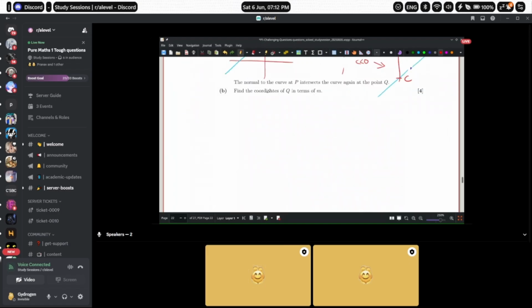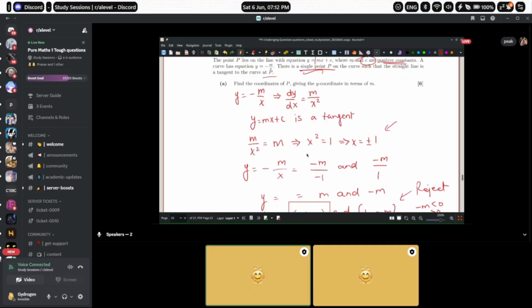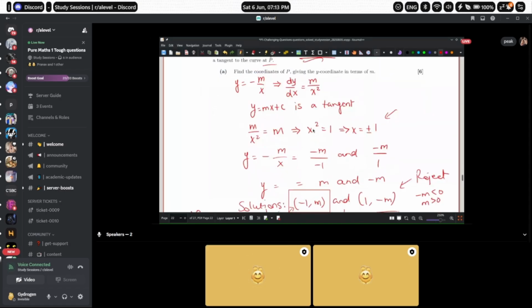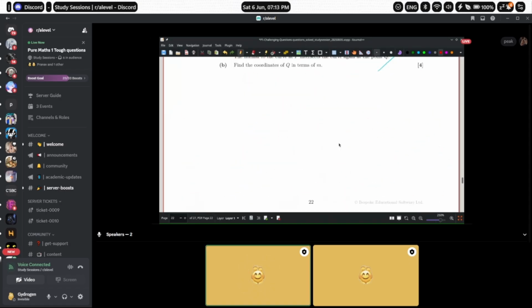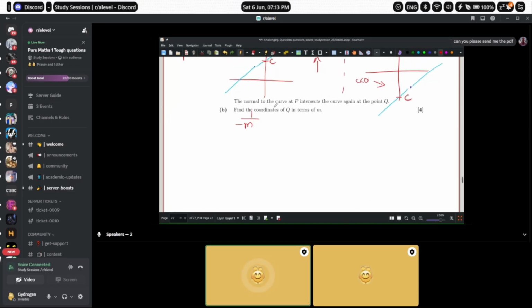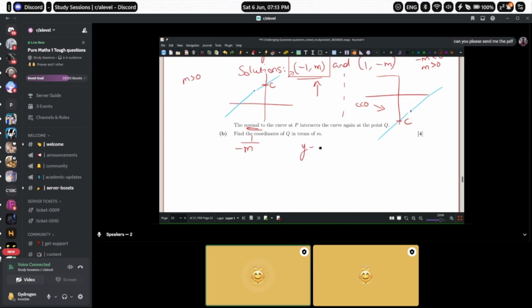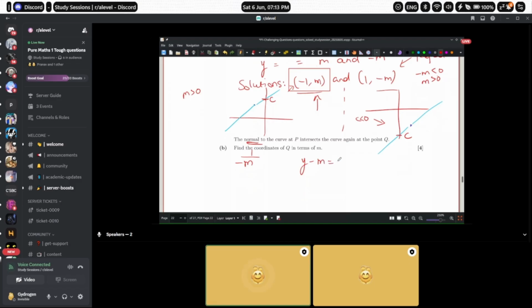And now the normal to the curve at P intersects the curve at Q, and we need the coordinates of Q in terms of m. So we know that m is the gradient of the tangent. That means minus 1 over m is the gradient of the normal. And so y minus y1, which is m, equals gradient times x minus x1.